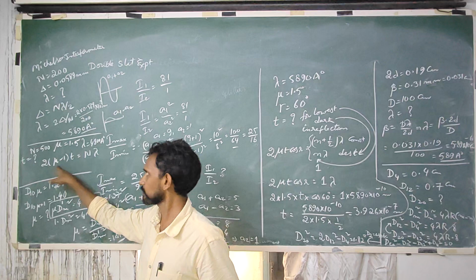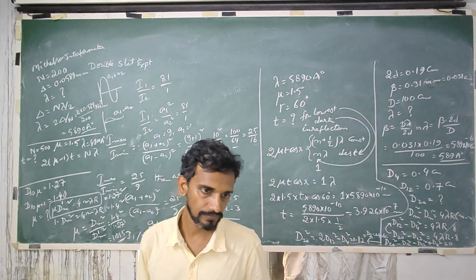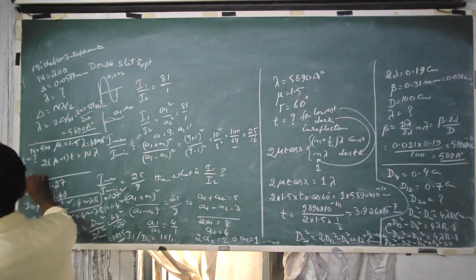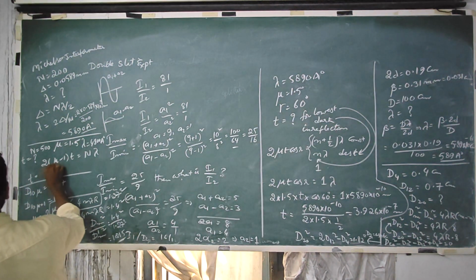The equation is 2 into (mu minus 1) t is equal to n lambda. We need t. t is equal to n lambda by 2 into (mu minus 1).